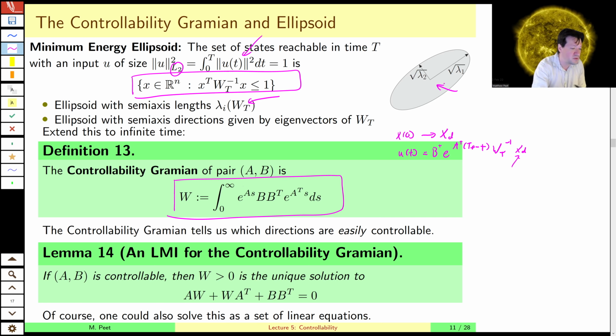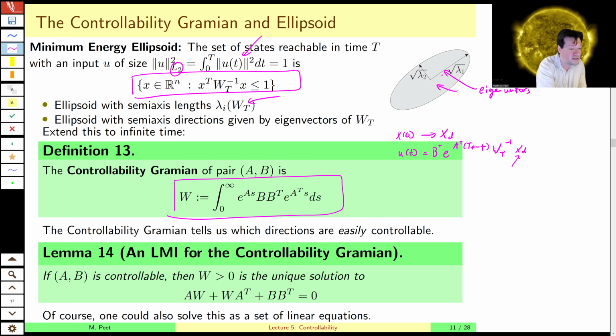So we've got a couple things happening here. First of all, we've got directions. These are the directions, and those correspond to the eigenvectors, or the singular vectors, because in this case W is a symmetric matrix, and so they're the same thing. So let's call them the eigenvectors to make life easier.